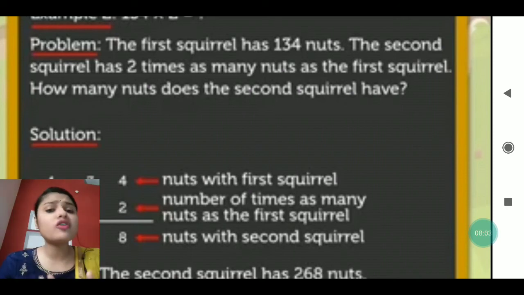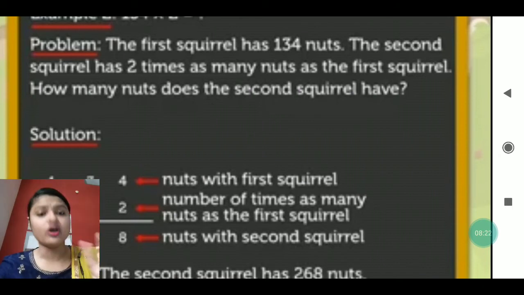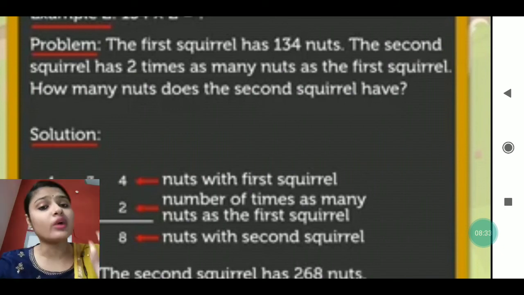The total number of nuts the second squirrel is having is not given. Only what the first squirrel has is given, that is 134. But the second squirrel is having 2 times more than the first squirrel. Now, how many nuts does the second squirrel have?